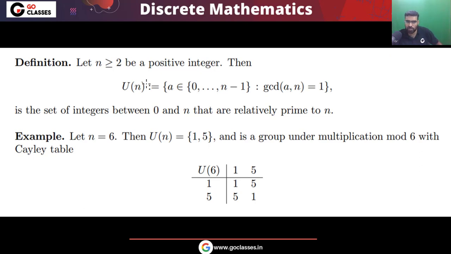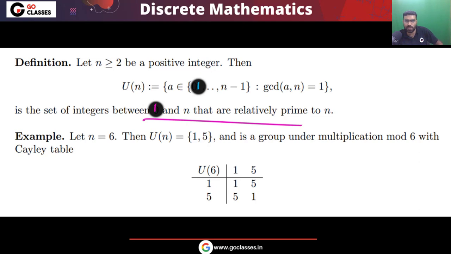Remember, 0 is never relatively prime to n. So you can just write it like this: remove this 0 and write 1. Between 1 and n minus 1, those which are relatively prime to n.